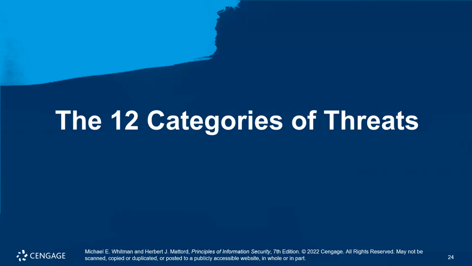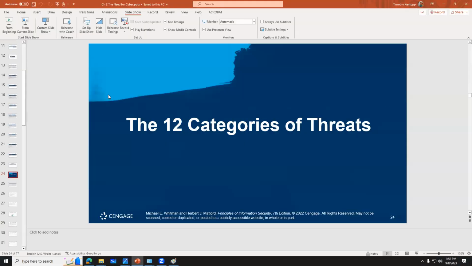Does anyone have any thoughts, comments, observations based on the information we've shared today? All right, so we'll take up on Monday just a quick review of each of the 12 categories of threats, and then we'll spend time working further to get more benefit out of the solution.